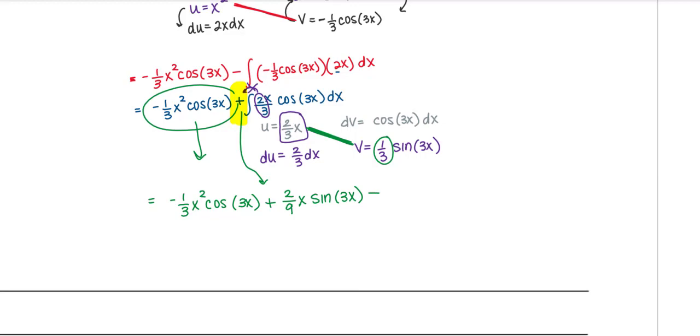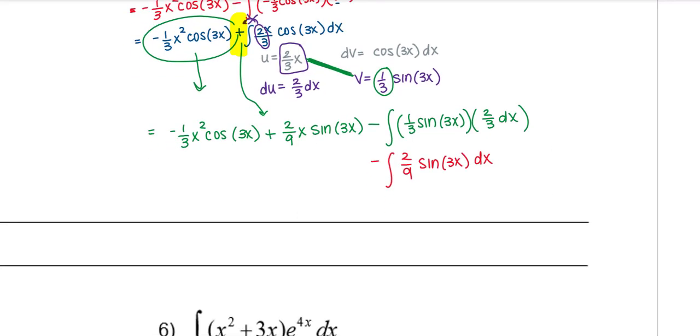And then it's minus the antiderivative of v du. And if I rewrite just that part of the antiderivative, it will be a negative 2/9 sine 3x dx. And I can absolutely integrate that piece.